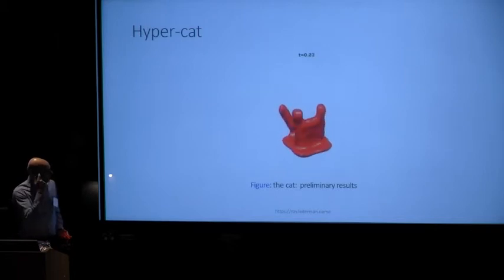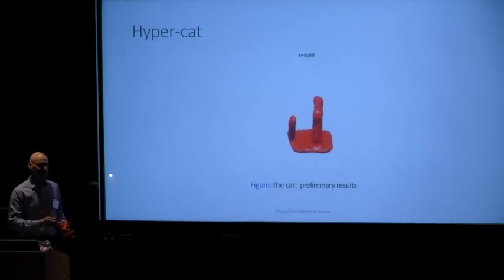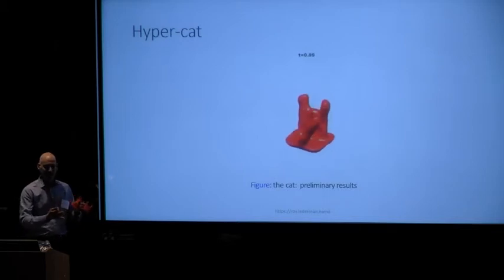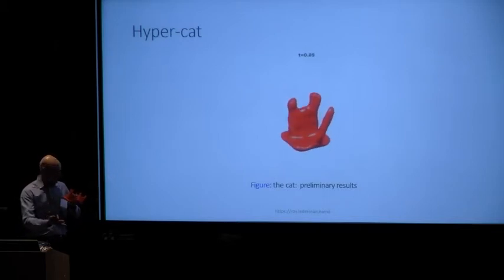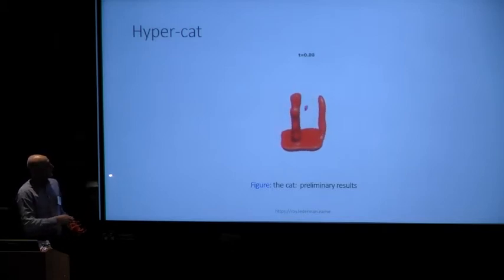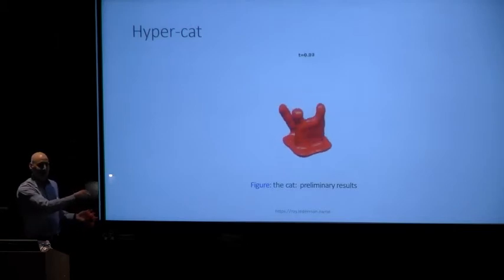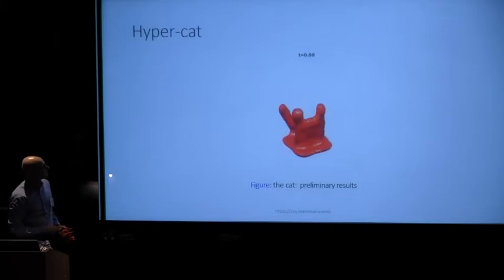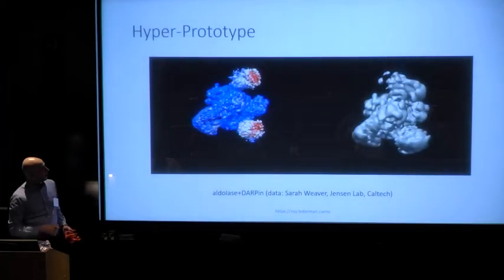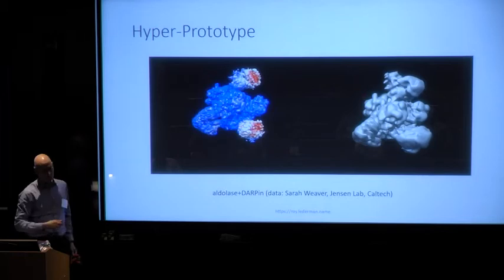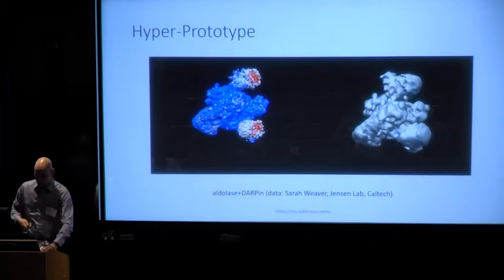So this is an early experiment that we did with a cat. You take, I think it was 20,000 of the 25,000 noisy images of the cat. You don't know which orientation it is, you don't know which direction it's taken from. And this is a four-dimensional object that I'm looking at a movie of. And we generalize this to an actual molecule.